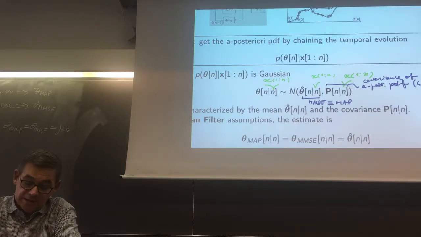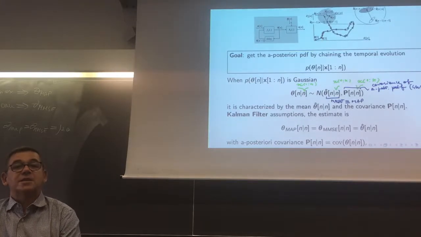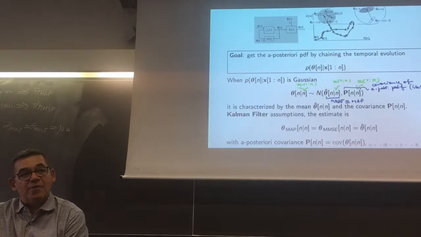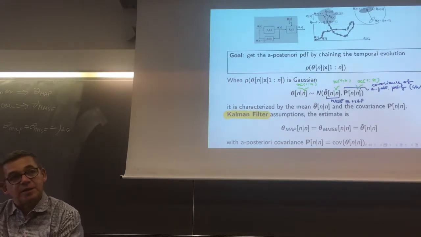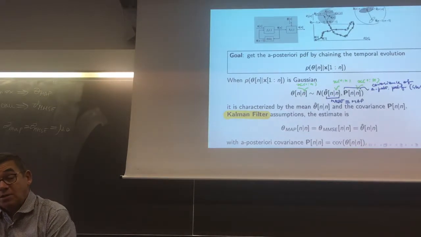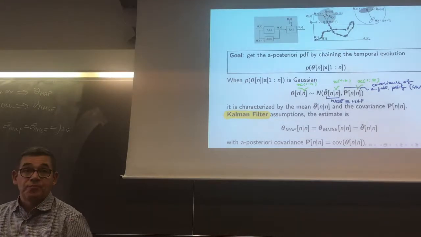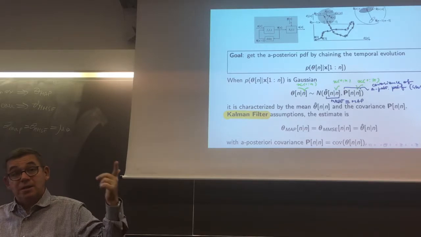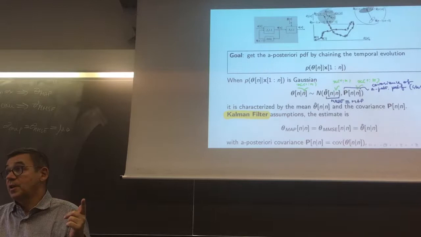This everything-Gaussian case is a very special case, and Bayesian tracking when everything is Gaussian is called the Kalman filter. So the Kalman filter is an estimator, a Bayesian tracking, an estimator for a time varying phenomenon when knowing the evolution of the state and the probability density functions are Gaussian.